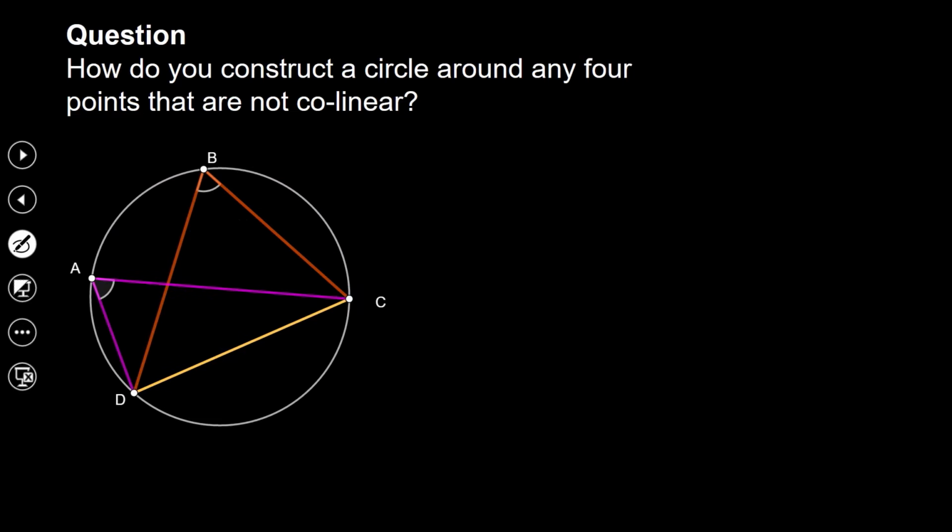And if that's the case, then my circle will look something like this. I just did not show the constructions here, but remember, you find the center by constructing the perpendicular to this one and the perpendicular to that one. Wherever they intersect, they will be intersecting at the center of this particular circle.